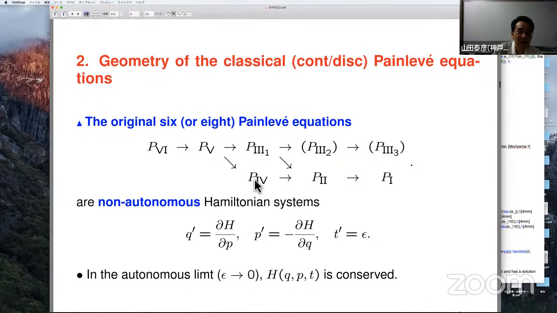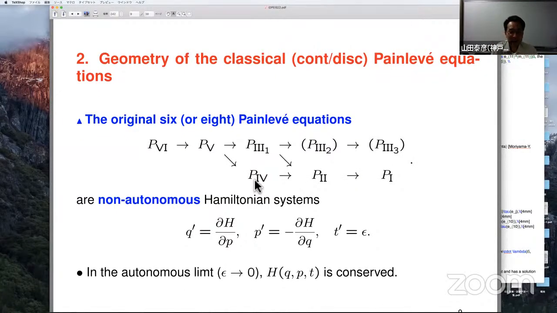Originally there are 6 or 8 differential Painlevé equations, and they are non-autonomous Hamiltonian systems written in this way. Here, epsilon is a non-autonomous parameter, and when epsilon goes to 0, the system becomes autonomous, and H becomes a conserved quantity.